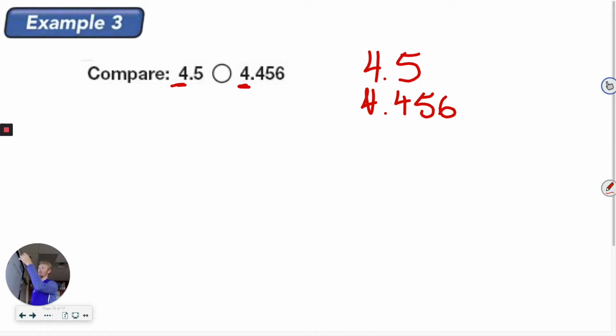And then you start on the left, and you can compare. So you have a 4 here and a 4 here. So it's equal. So you go to the next number. You have a 5 here and a 4 here. 5 is greater than 4, so I know that this number is greater.